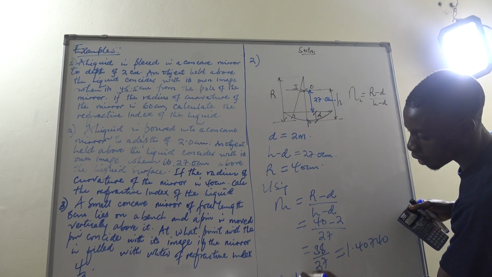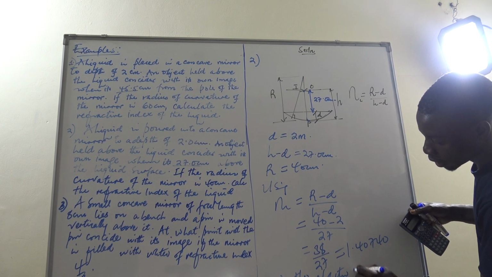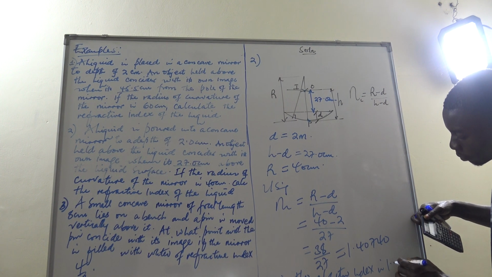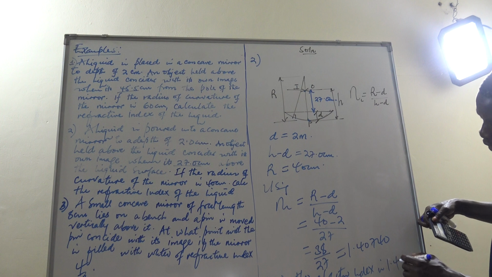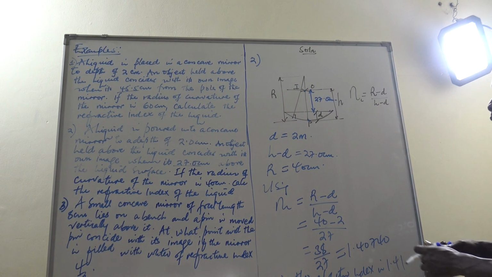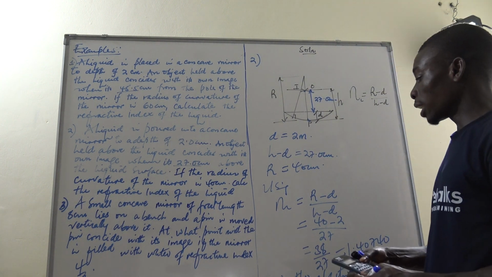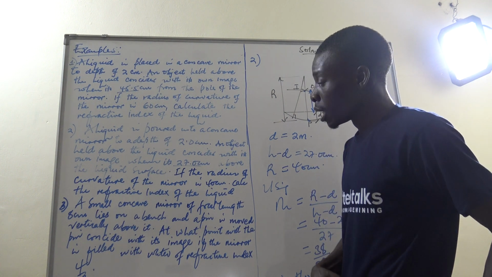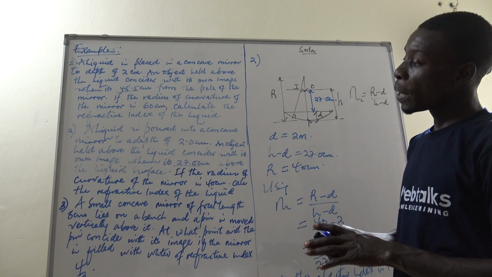And I can say therefore the refractive index is 1.41. Isn't it? 1.41 or 1.407 as our refractive index. And that also will be the solution to our Roman 2.